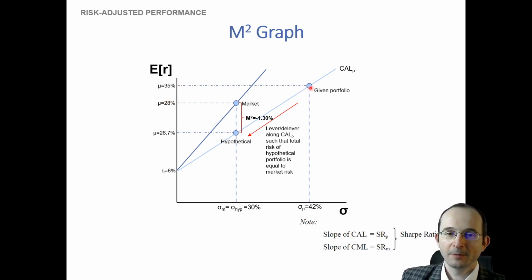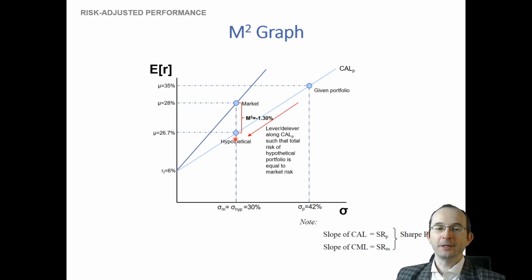But what if we now do what the M2 measure suggests, and de-lever this portfolio by sliding along that capital allocation line until we reach a point where the total risk of a lower leverage portfolio that holds this candidate portfolio as well as an allocation to the risk-free asset, because remember, that's how you move along a capital allocation line, simply by taking either higher or lower positions in the risk-free asset relative to the risky asset.